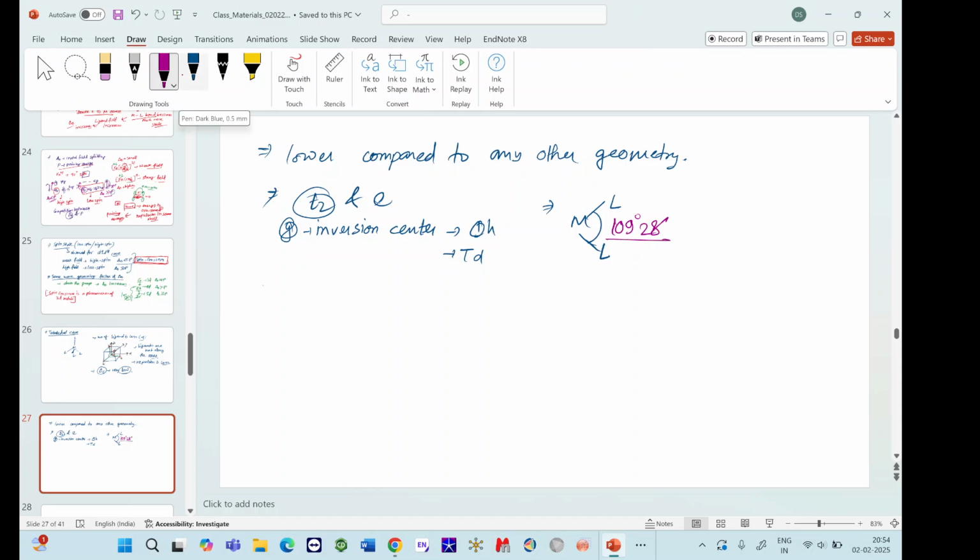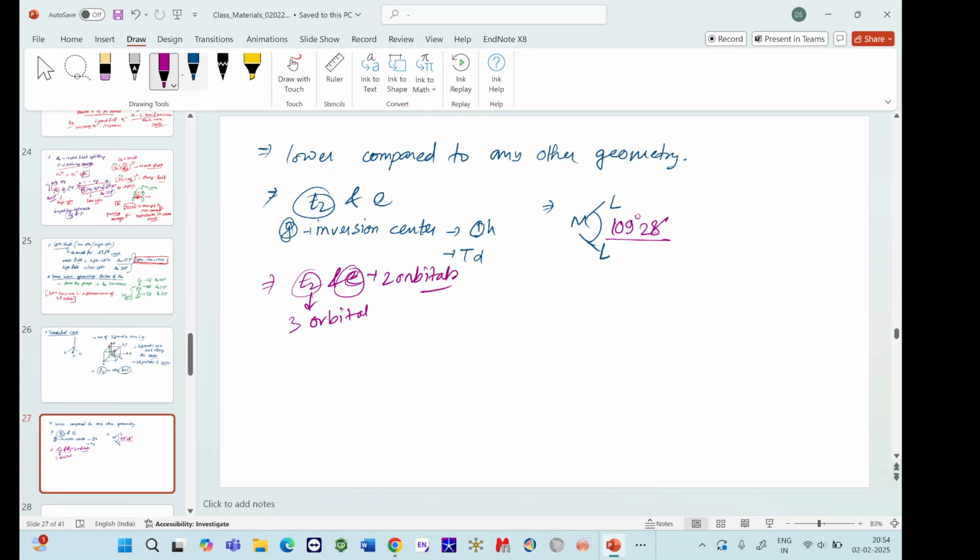Then you have two sets of orbitals, T2 and E. Do you know how this T2 and E come? This comes from group theory, but you don't have to study it right now. You can study it in some advanced courses. T2 means triply degenerate, that is why you have three orbitals. E means doubly degenerate, you have two orbitals.